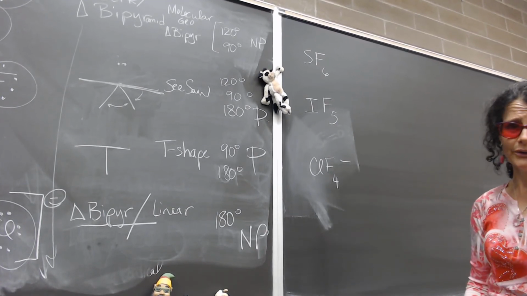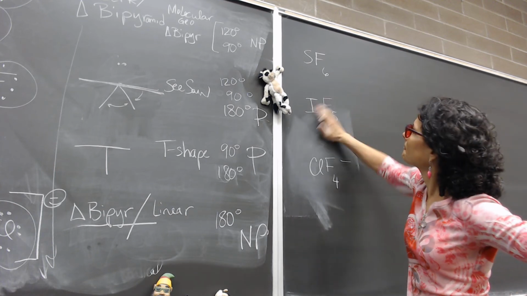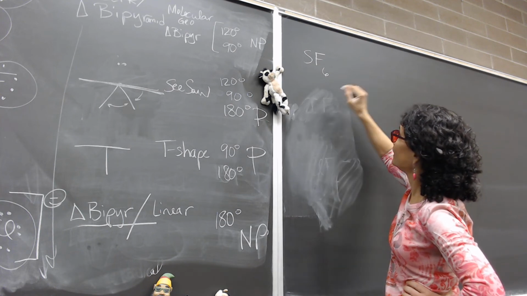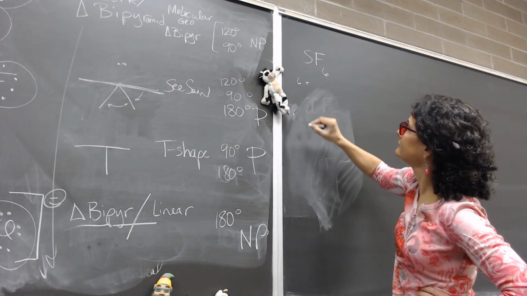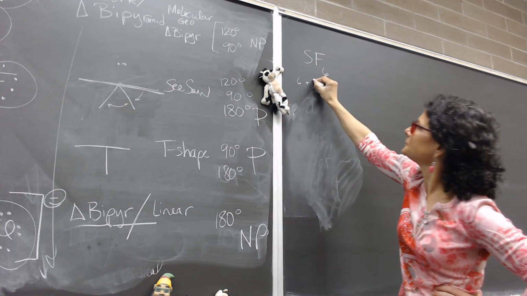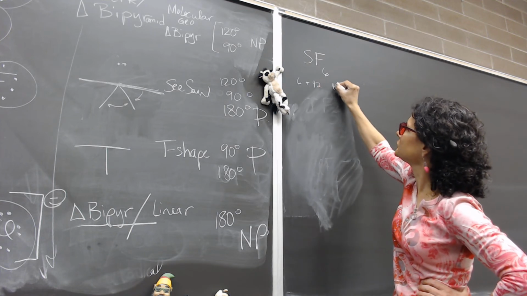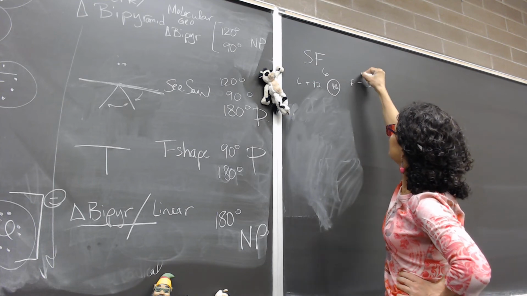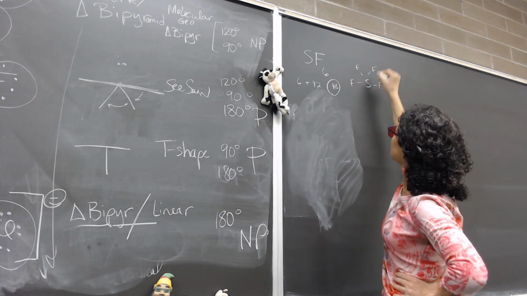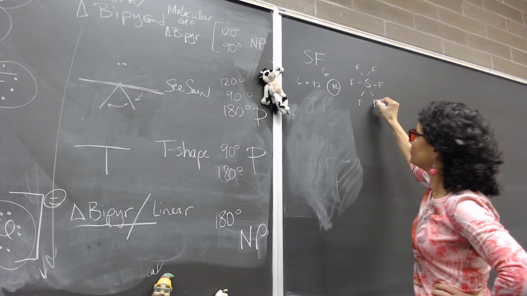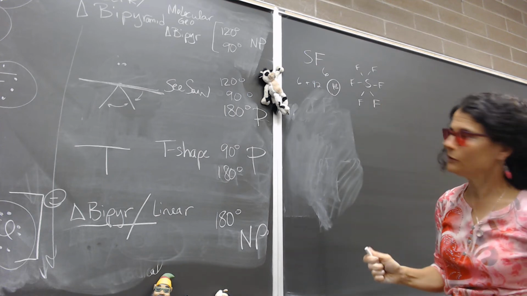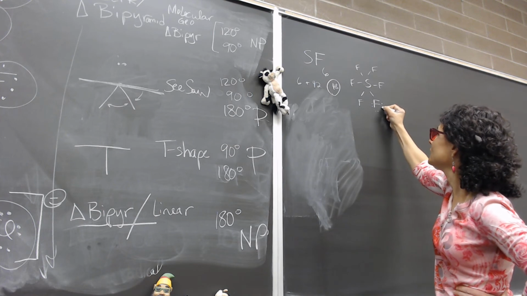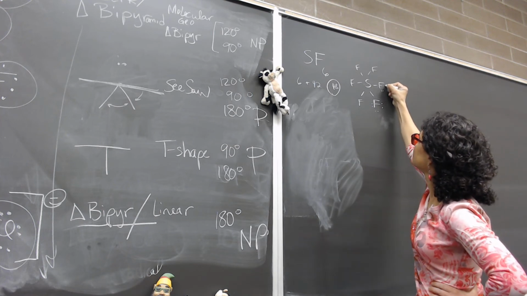All right, so SF6. We have 6 plus 6 times 7 is 42. We're going to have 48 electrons. So sulfur, fluorine, fluorine, fluorine, fluorine, fluorine, and fluorine. And then you'll put all your dots around. Because if you don't put the dots, you're going to lose a precious point.